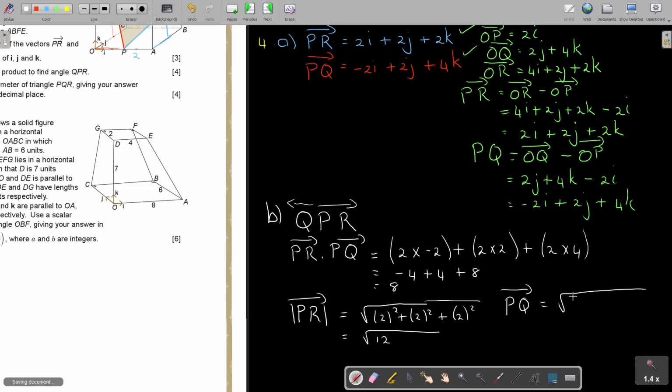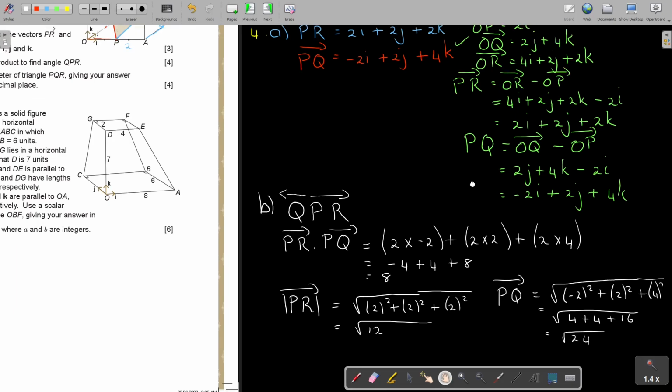That is going to be negative 2 squared plus 2 squared plus 4 squared, which is 4 plus 4 plus 16, and that is going to be 24, the square root of 24.